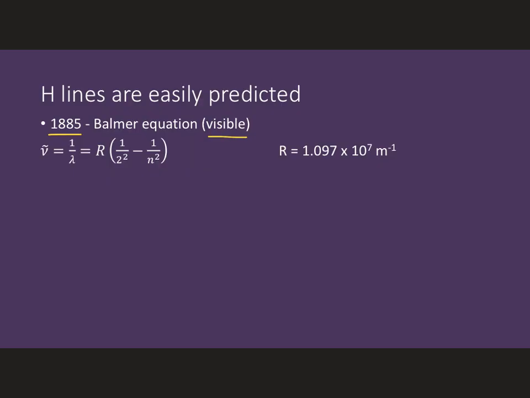Through some really good work, he was able to say that the frequency of our light, which is just 1 over the wavelength, could easily be represented by a constant R multiplied by 1 over 2 squared minus 1 over n squared, where n is just an integer greater than 2. So it could be 3, 4, 5, so on and so forth.